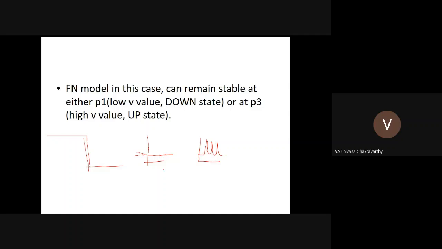But in this case, the membrane potential can be tonically in this low voltage, or it can jump to high voltage and stay like that. There is no action potential in this case. So this can happen also for certain parameter values, which is what the Pidgeon model is showing. These kinds of states are called, this is called a down state, and this is called an up state.